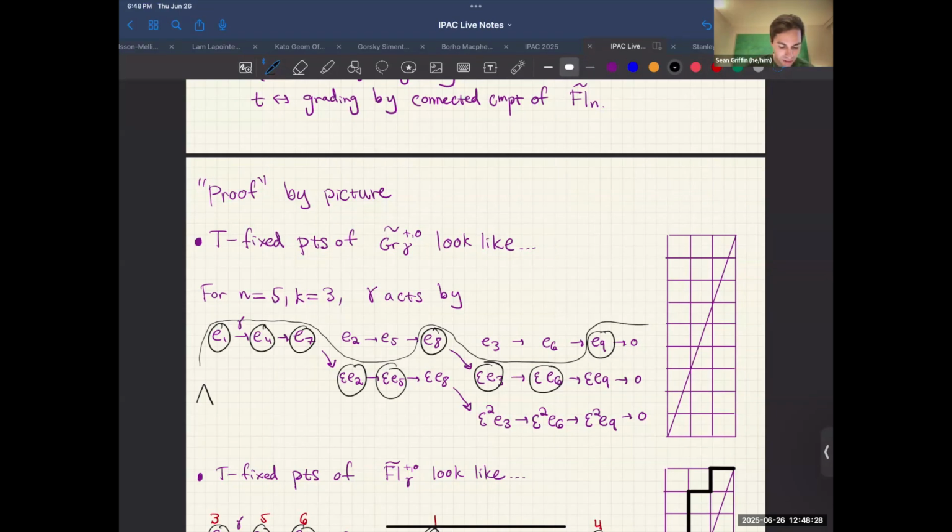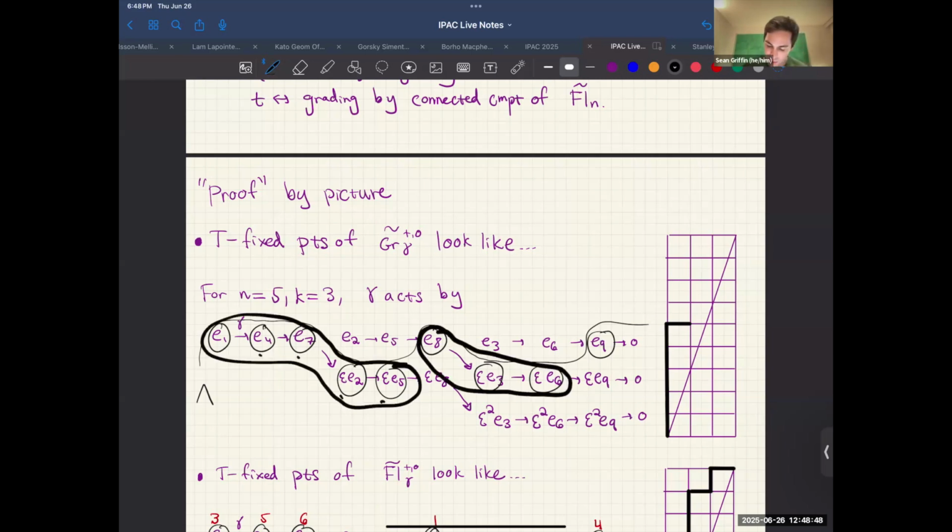Since I took one, two, three, four, five things in the first gamma string, I will go up five times in the first column. Since I took one, two, three things in the second gamma string, I'll go up three times and then over. And then I have one thing in my third gamma string, so I go up once and then over. So that's my Dyck path.